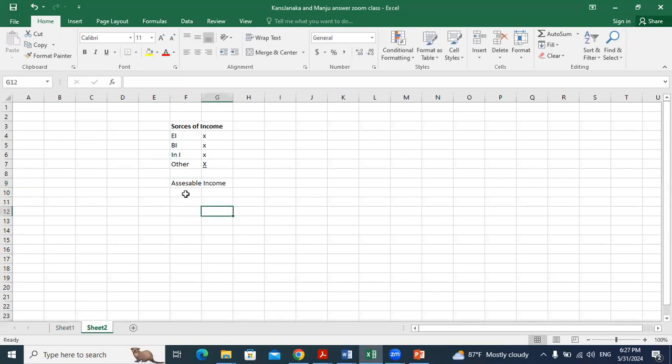From this assessable income, I could remember, you also should be able to remember right now. Since the beginning, we have been telling how to identify the tax liability of an individual, of a company, the basics. From this assessable income, we can deduct certain things.